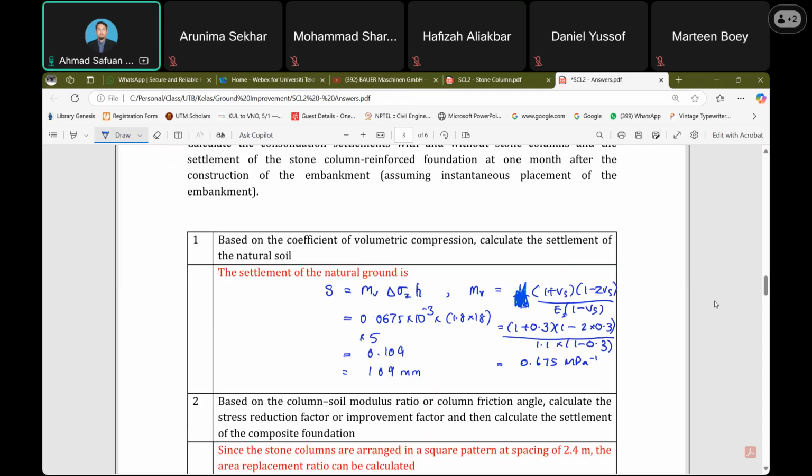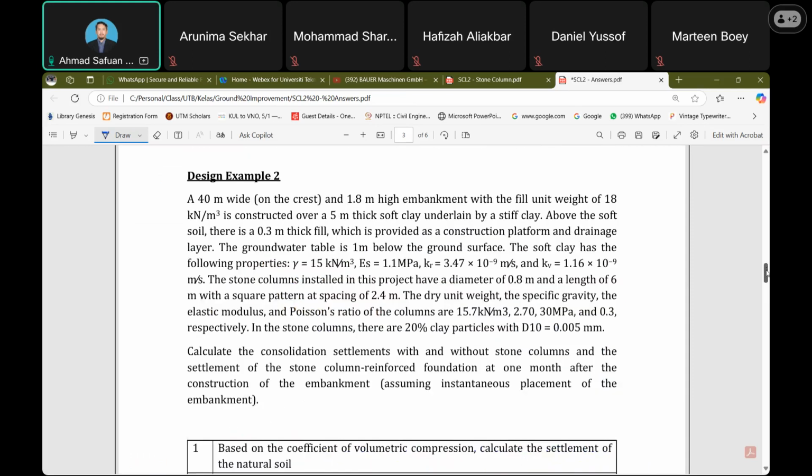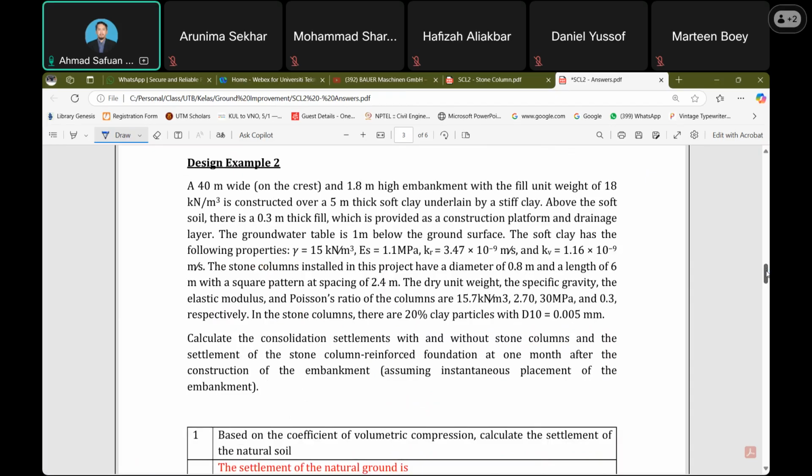So what is the Poisson ratio here? Basically the question forgot to give the Poisson ratio, so you need to add the Poisson ratio for the soil, which is 0.3.